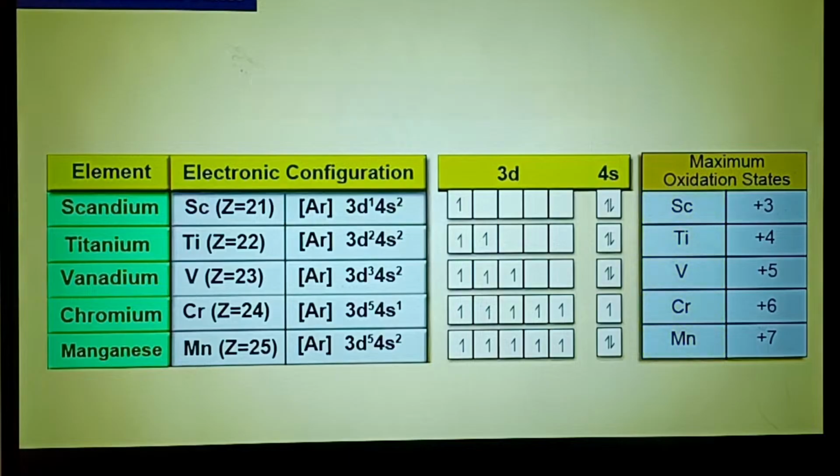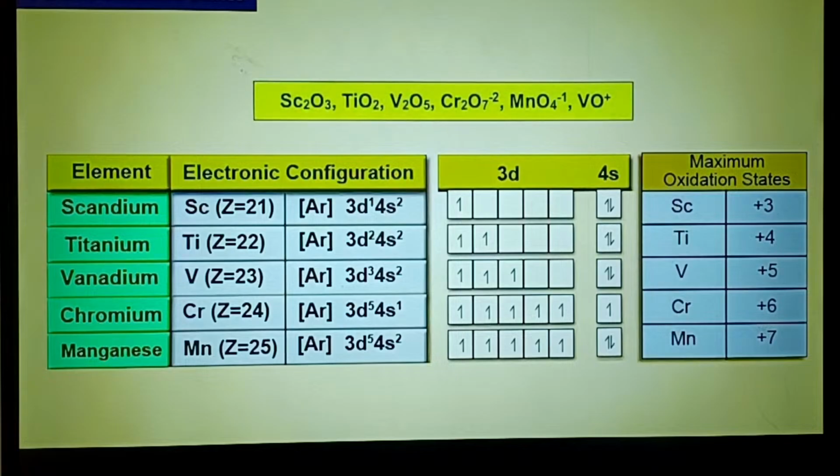For example, scandium, titanium, vanadium, chromium, and manganese exhibit maximum oxidation states of +3, +4, +5, +6, and +7 in the form of their oxides, oxyanions, and oxycations as shown here.